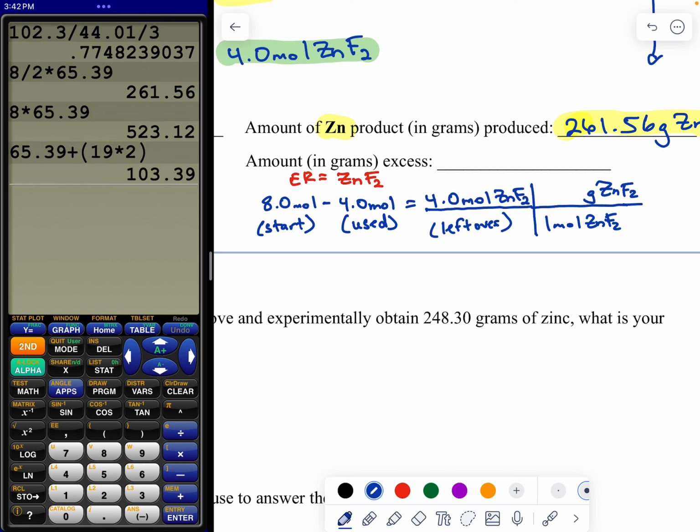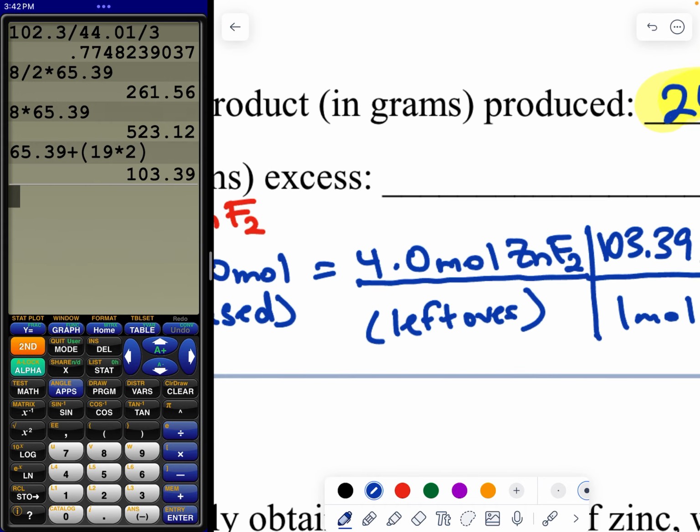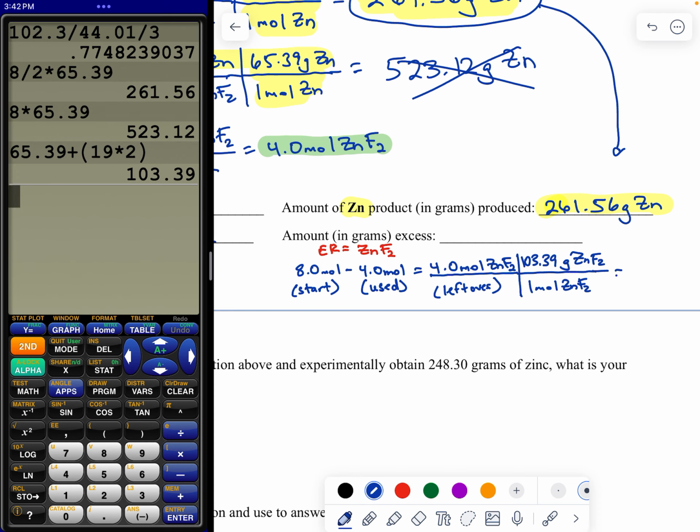So we end up with 103.39, right? So this is how many moles were left over. We are now converting to how many grams were left over.